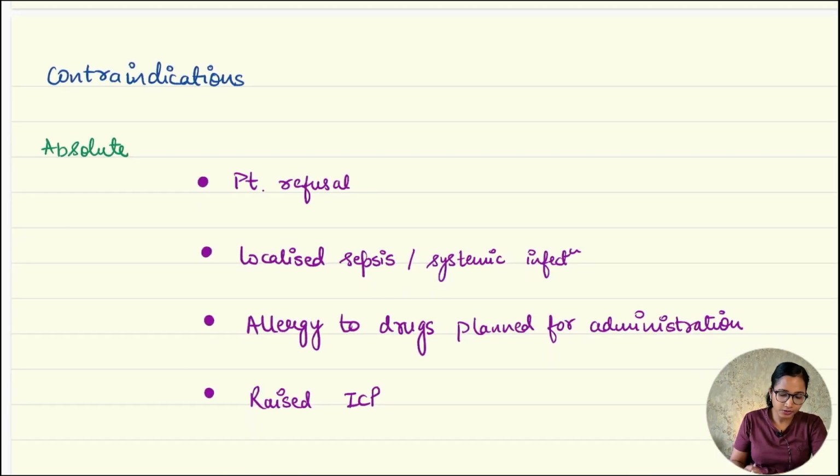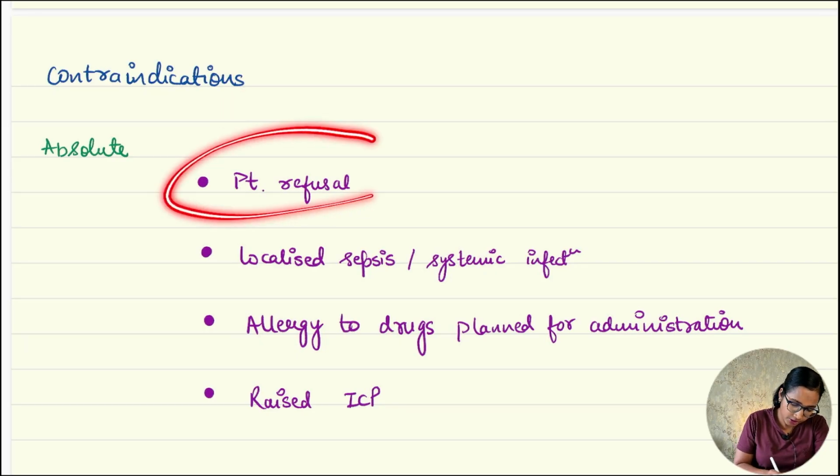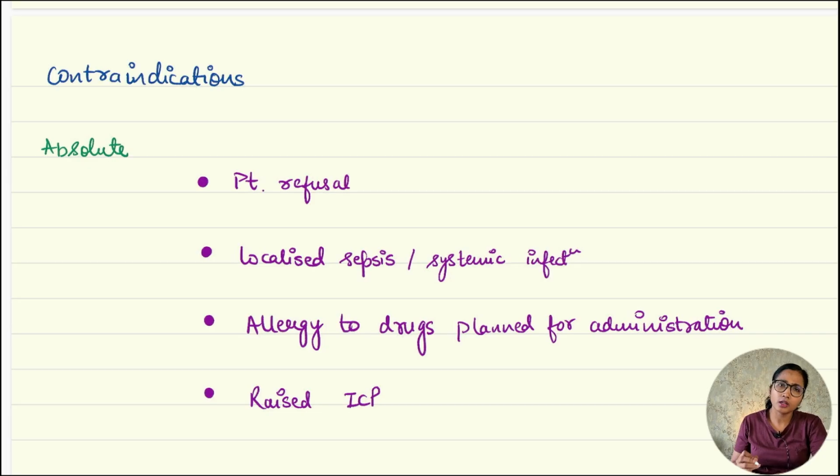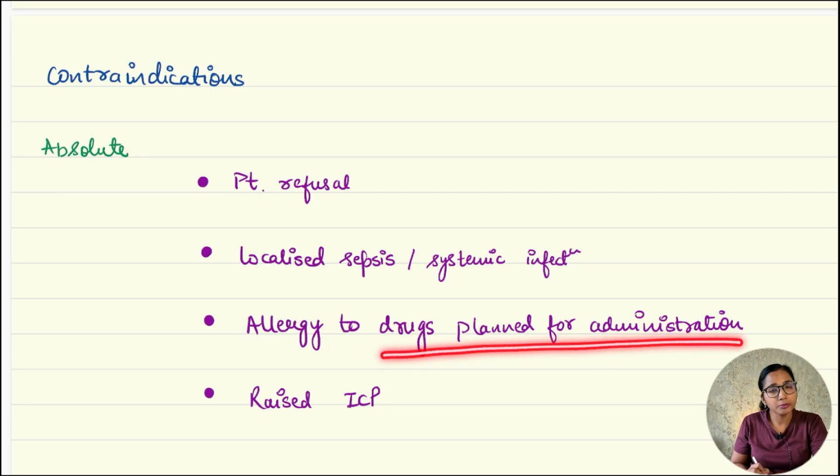After indications, we will study the contraindications. The absolute contraindication is patient refusal. The patient is denying, or does not want to remain conscious during the surgery. This is an absolute contraindication. Localized sepsis or systemic infection is also a contraindication. Allergy to the drugs planned for administration, such as local anesthetic allergy, is also a contraindication.